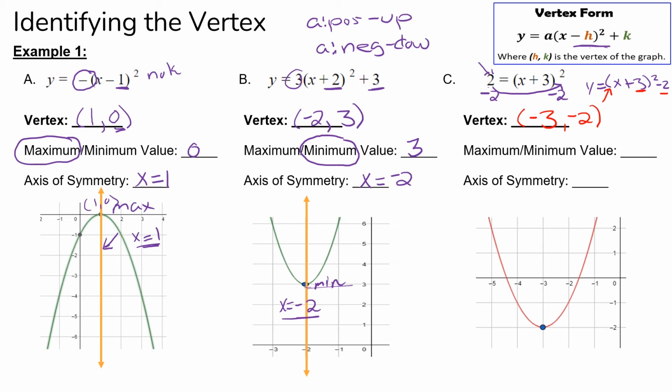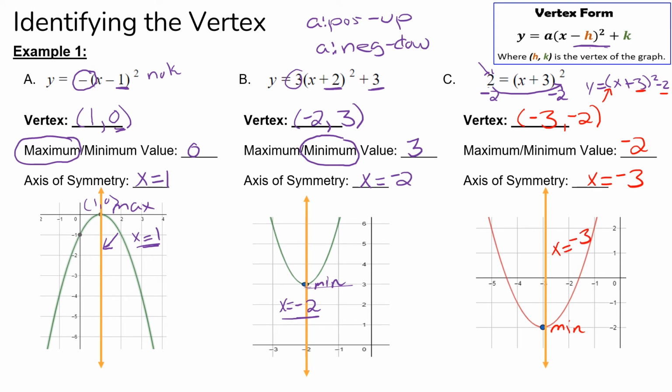So that is a minimum. All right, and our minimum is at negative 2, and our axis of symmetry would be x is equal to negative 3. And so this is where that graph is cut in half equally. So this is the graph x equals negative 3.